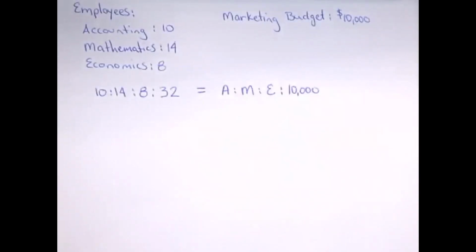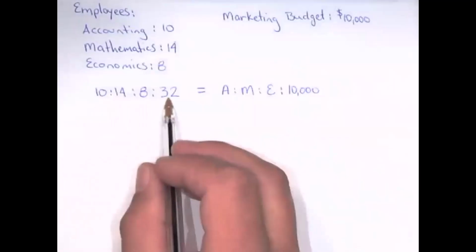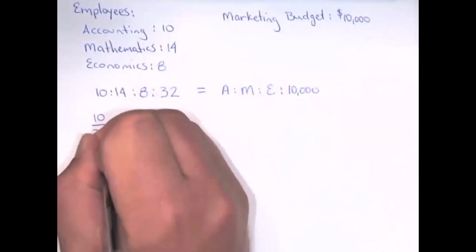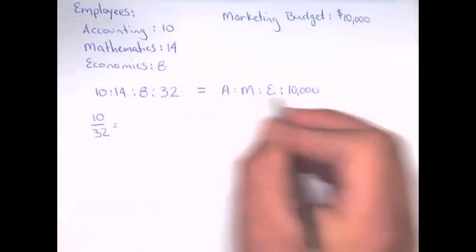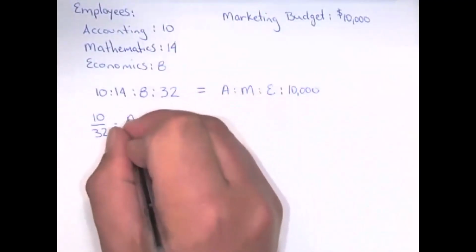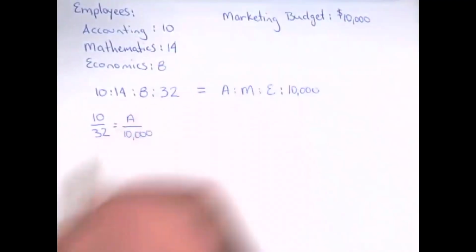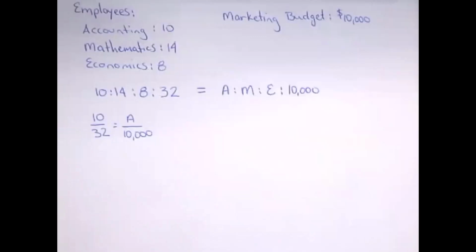So if we start with accountants, we're going to start with the 10 and the 32. So 10 over 32 is equal to A divided by 10,000. So we cross multiply here.